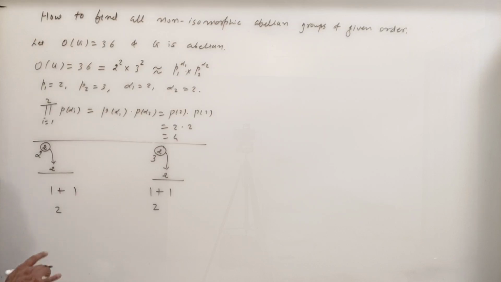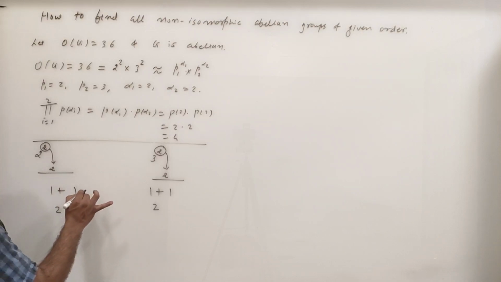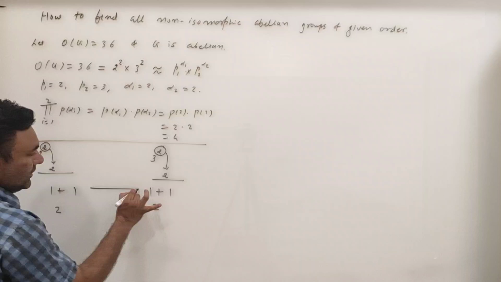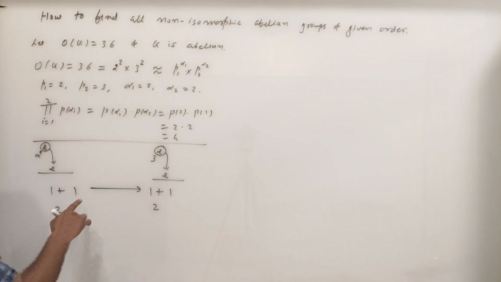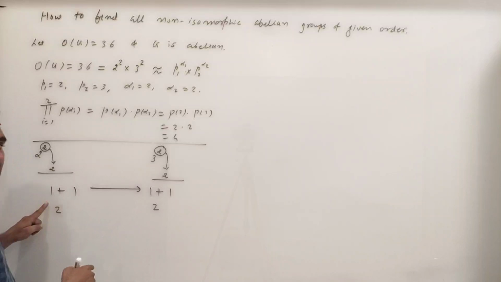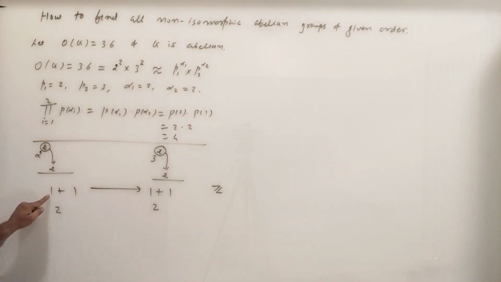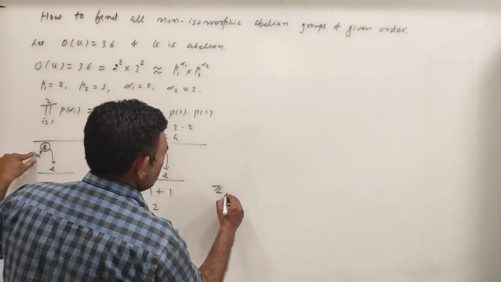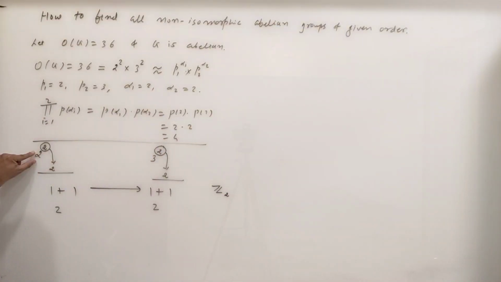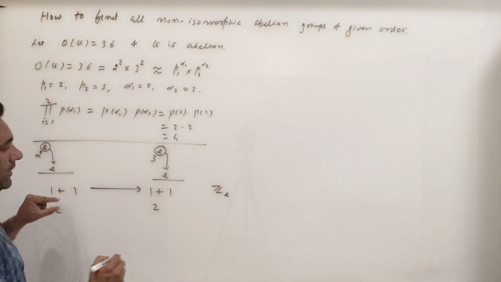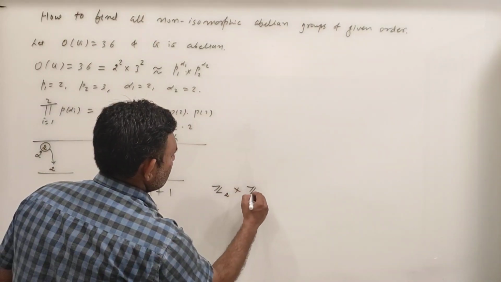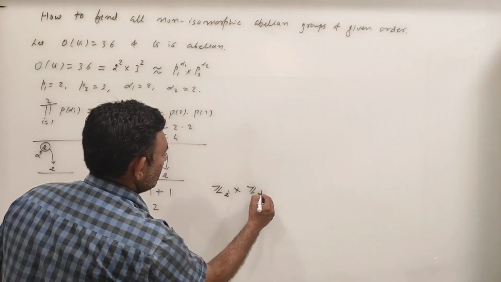Now I will make the pair. This with this partition, this is the first pair, and corresponding to this 1 and 1, what will I write? Z2 cross Z2, and here the power is 1.